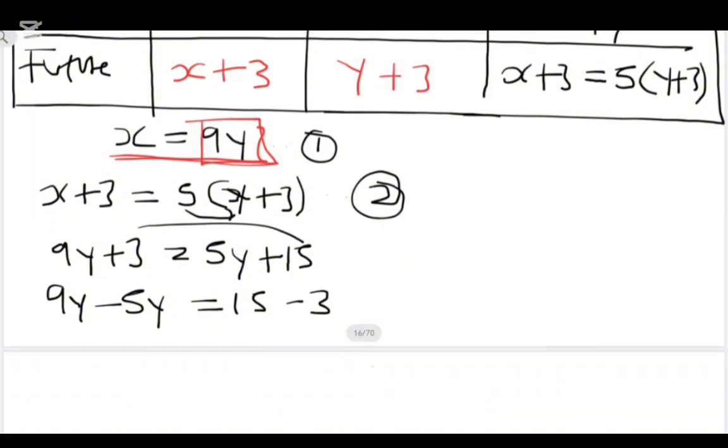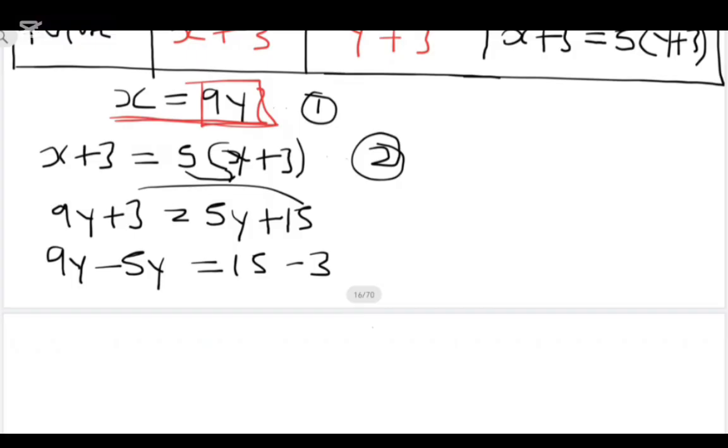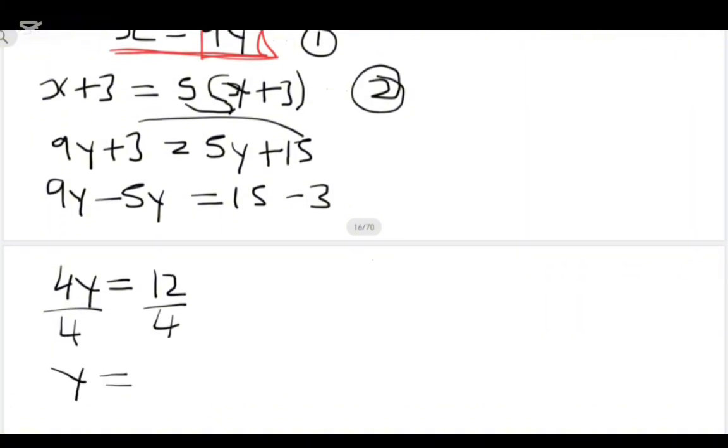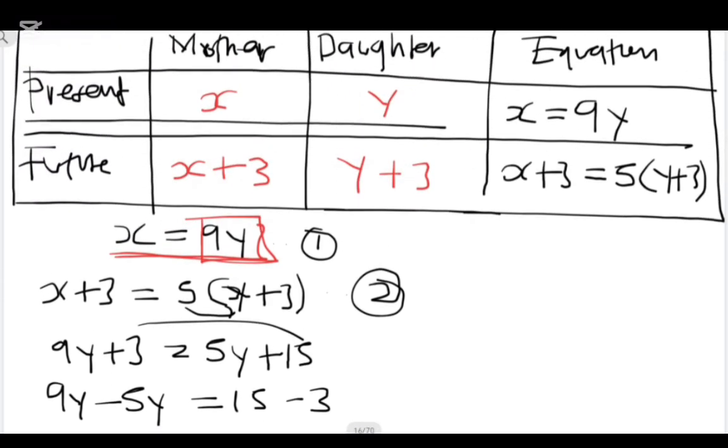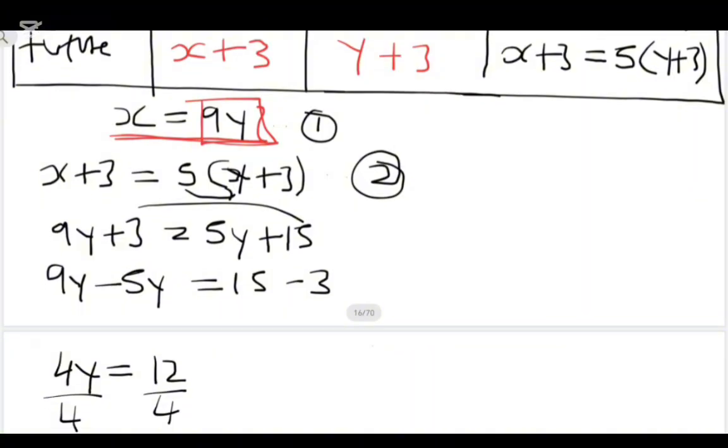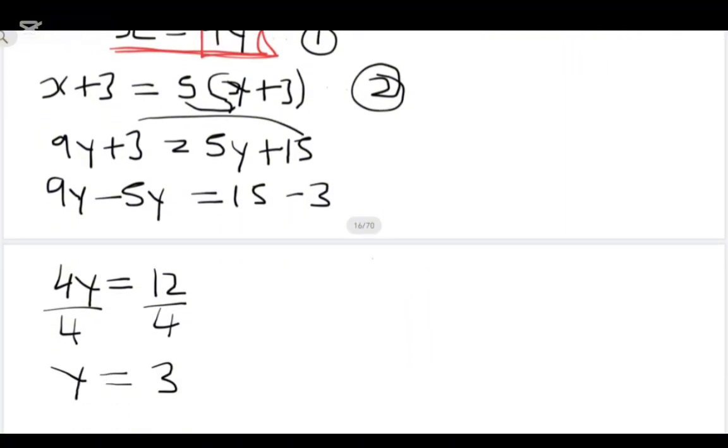This is going to give me 4y, which is equal to 12. So I'm going to divide both sides by 4, and then y is going to be equal to 3. So y is the age of what? It is the present age of the daughter. So the daughter is 3 years old.